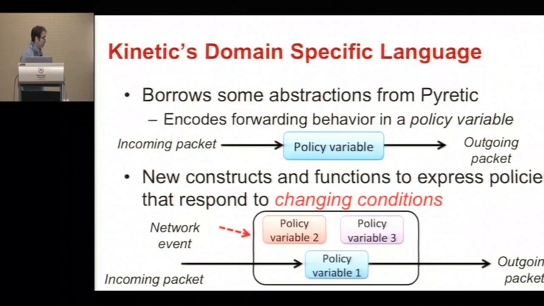If I just told you Pyretic's embedded in Python, you could imagine writing an event handler, writing some case statements, and then reassigning your policy variable based on whatever those if-then conditions are.